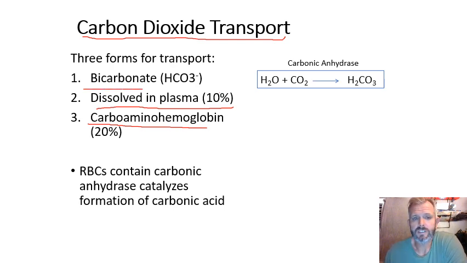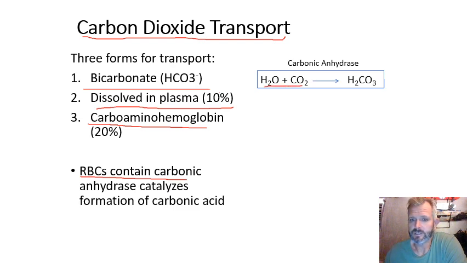The main way in which carbon dioxide is transported is via bicarbonate. It is converted to bicarbonate and travels through the blood, and then it will be converted back to CO2 when we get to the lungs. Red blood cells contain carbonic anhydrase that catalyzes the formation of carbonic acid.